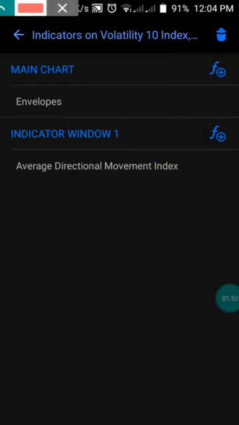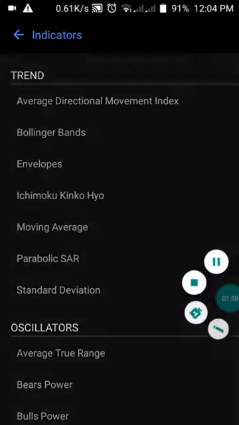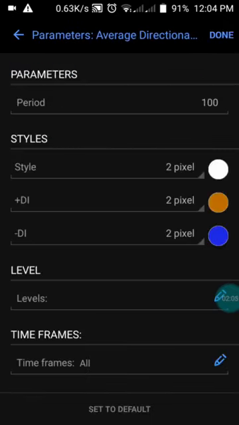After that, you click on the F button again to add another indicator window. You are going to see the Average Directional Movement Index. That is the second indicator that you add. The period is 100, and the first style is in white, which is the color of our background.